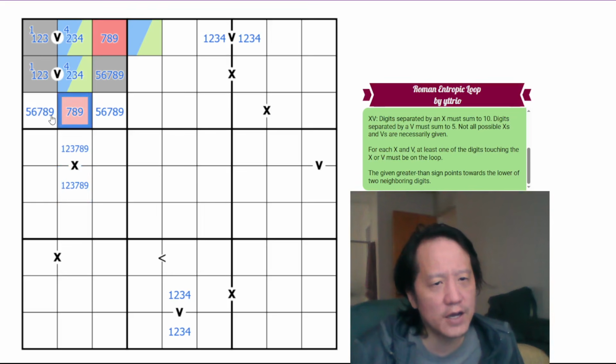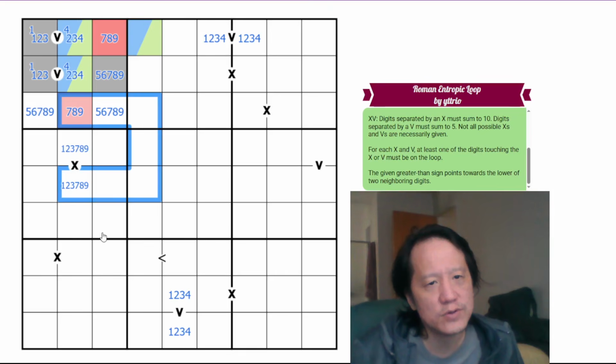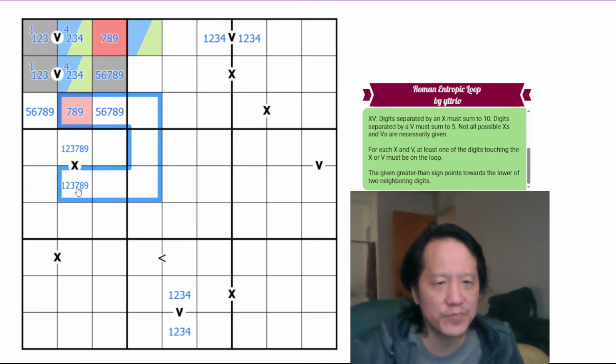If it goes high, if it goes around here, this would have to be high, so this would have to be low, and that doesn't work. Because either this or this would have to be low. I guess it could do something like that, funky like that, so that's possible. Okay. So that would be red and then red. So that is possible to go that way.